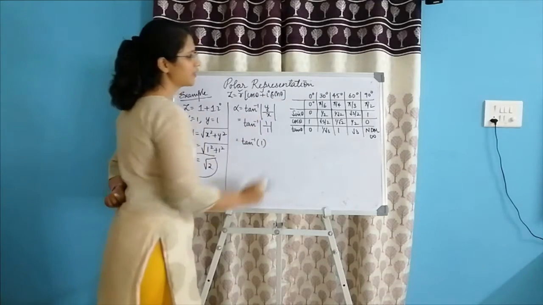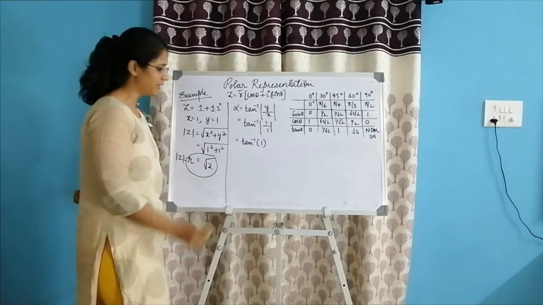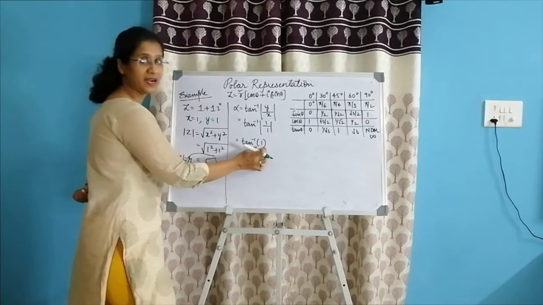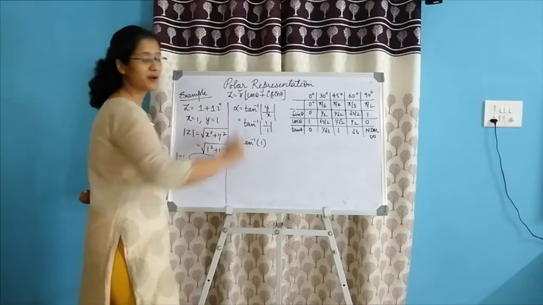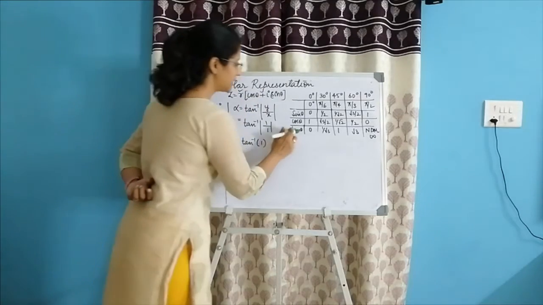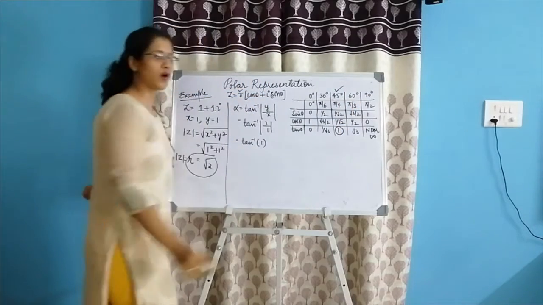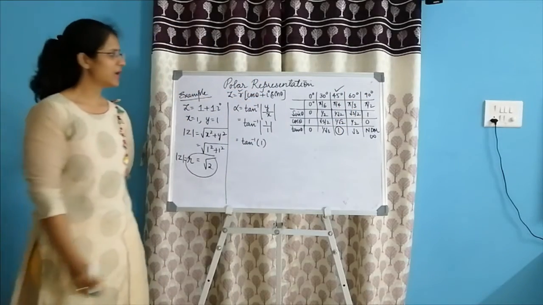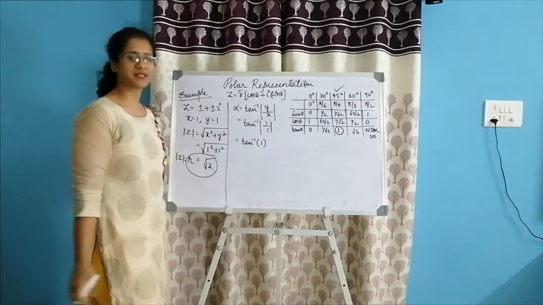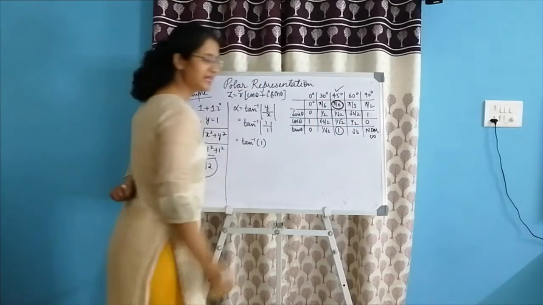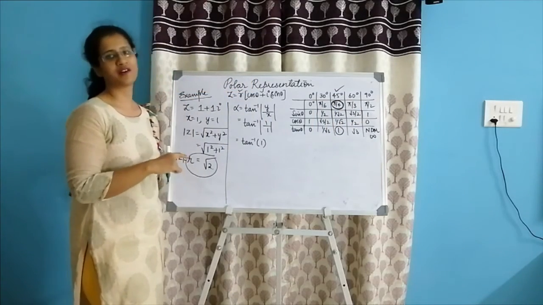Now compare the trigonometric ratio table and tell me which angle gives me tan equal to 1. So tan theta is giving me 1 when the angle is 45 degrees. Correct? But when it comes to polar representation, we are interested only in writing it in the form of radian measure.